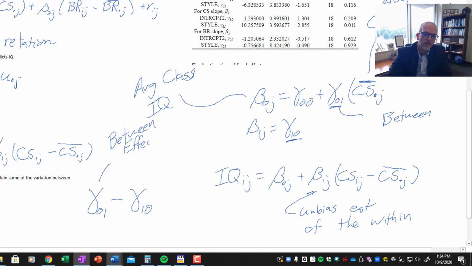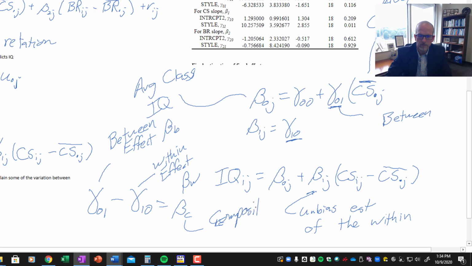And actually, if you're following along in the text, we would call it beta B. This thing is my within effect, and we're going to call that beta W. So when we take beta B and subtract beta W, what we get is what's known as beta C, which is the compositional effect. Okay, so our compositional effect is the difference between the between effect and the within effect.